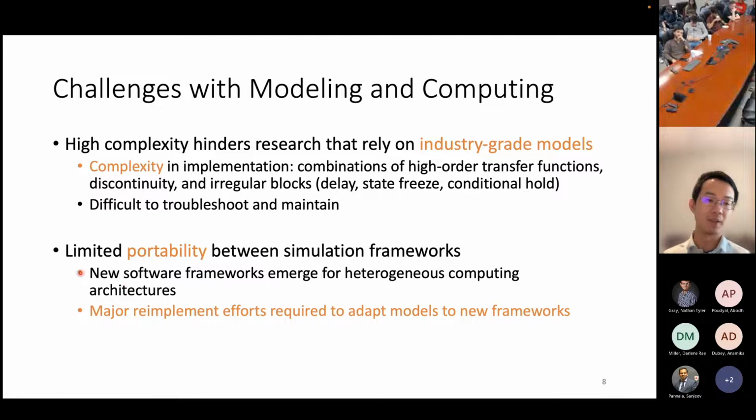The fact is that computation techniques are evolving very rapidly, such as GPUs with a lot more power. But to utilize that power, we have to develop new software frameworks, which may include a new organization of data and the way we do computation. And when a new framework emerges, limited portability will require major implementation efforts again to adopt those models.